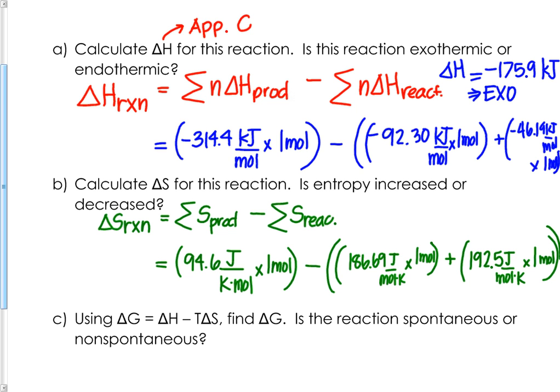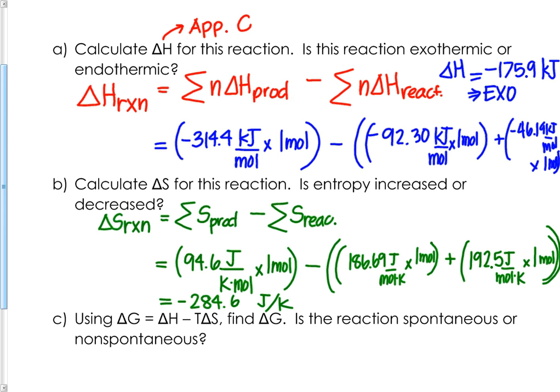And again, do your math carefully. Remember, you're adding together the reactants, and then it's products minus reactants, and you should get a value of negative 284.6, and the label would be joules per Kelvin.